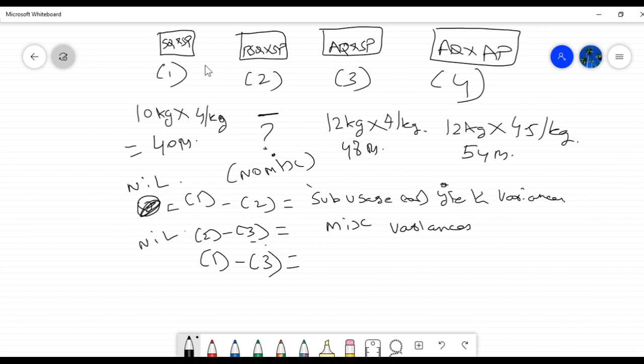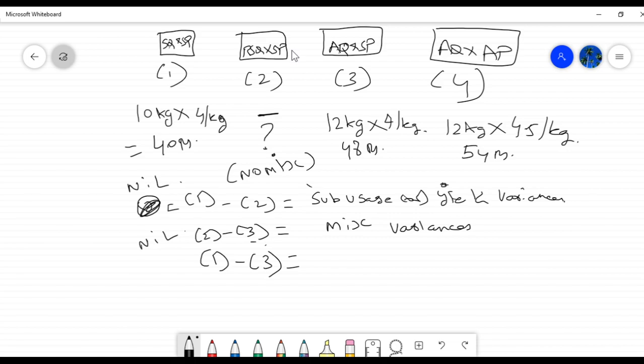In both the boxes, what is the constant? SP is same actually. Then what is the difference? In first box it is SQ, in third box it is AQ. That means we are comparing the quantity. Quantity relates to usage. We are comparing the usage only. Price is constant, your standard price.